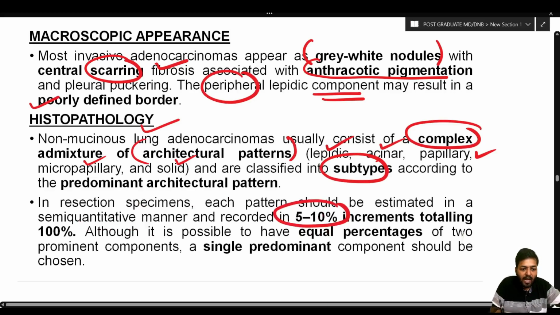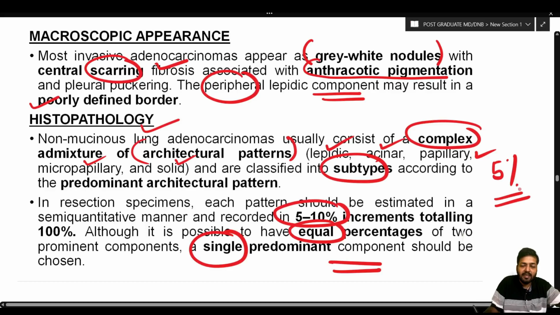Although it is possible to have equal percentages of two prominent components, a single predominant component should be chosen. When you are measuring, you should always measure in increments of 5 to 10%. In that way, it is very easy to quantitate each pattern, and you have to write one predominant pattern and mention the percentage of others in increments of 5%.